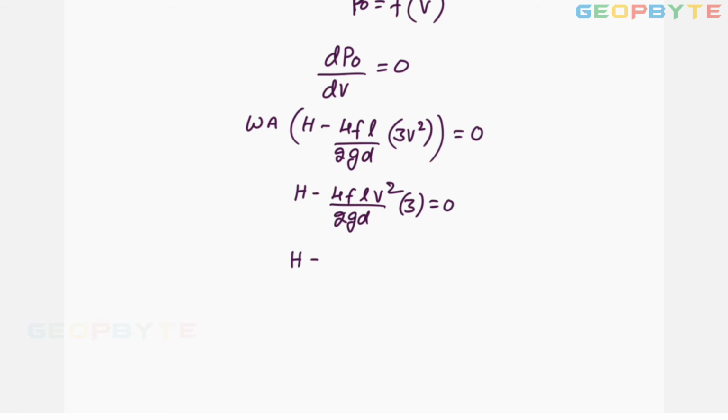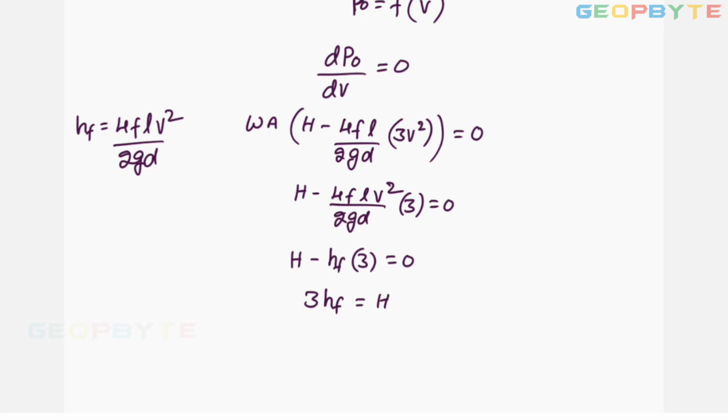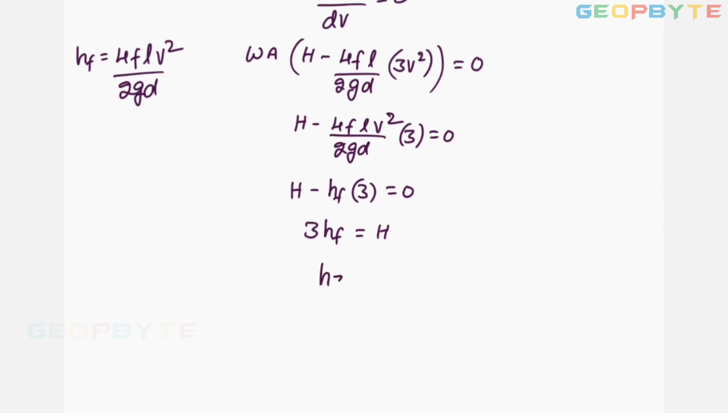H minus this 4FLV square by 2GD is what? Head loss due to friction according to Darcy, 4FLV square by 2GD. So it is equal to HF into 3. 3HF equal to H. Therefore, head loss due to friction equals H by 3.